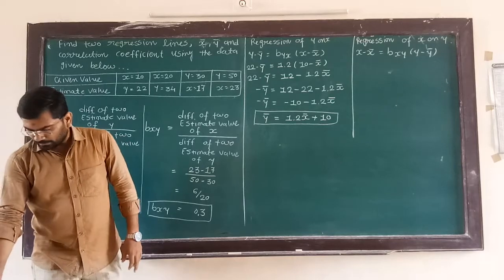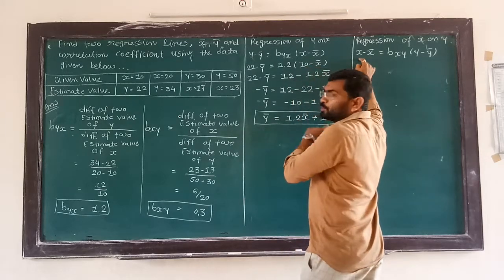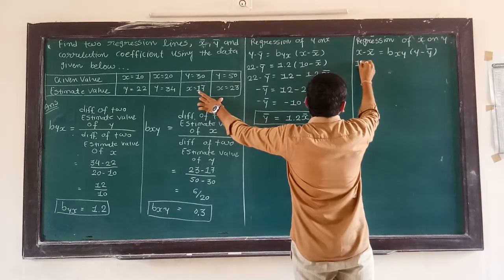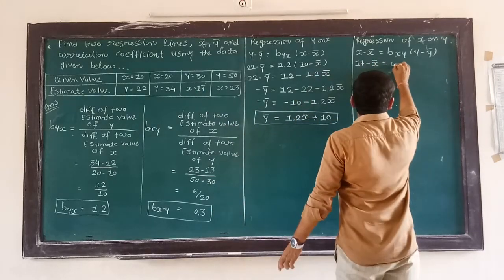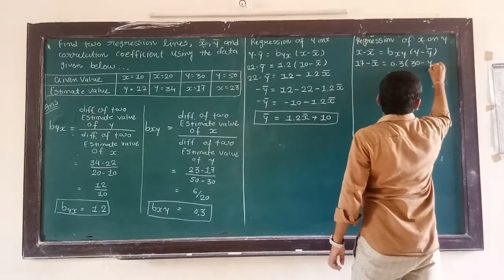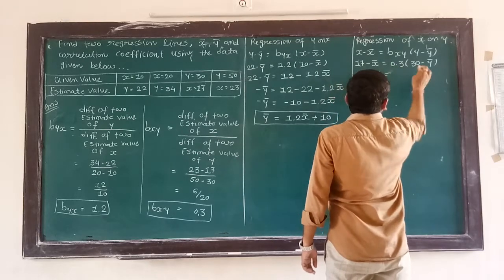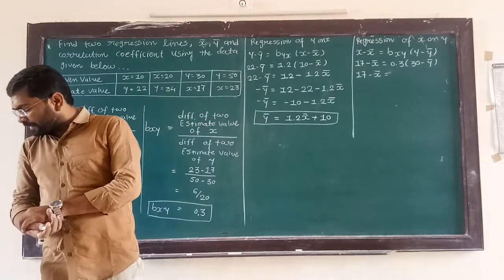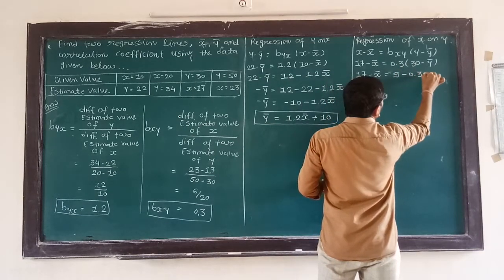Same as another way: here x is 17, x bar is not given, bxy is 0.3, y is used as 30 minus y bar. 17 minus x bar multiplied with 0.3 multiplied with 3 is 9, and minus 0.3 y bar.